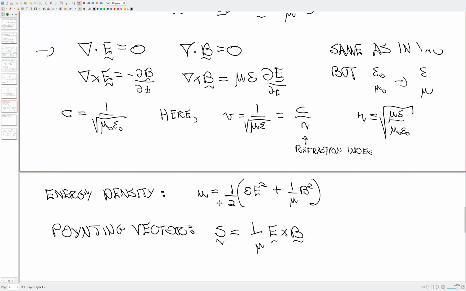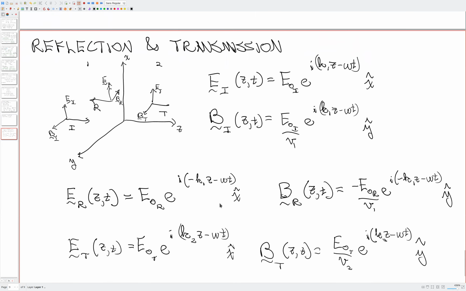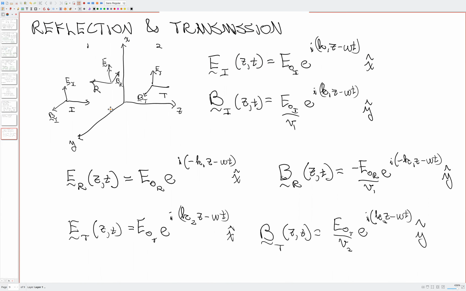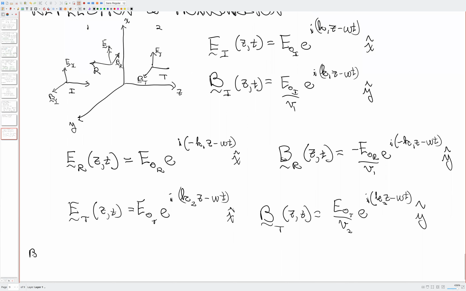So what does that translate to in our setup? Well, it just means that on the one side, so B3, it implies that the electric field on the one side is equal to the electric field on the two side evaluated at the boundary.